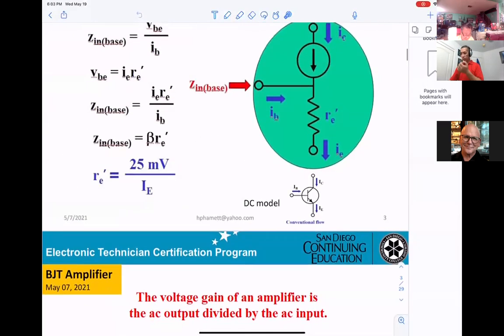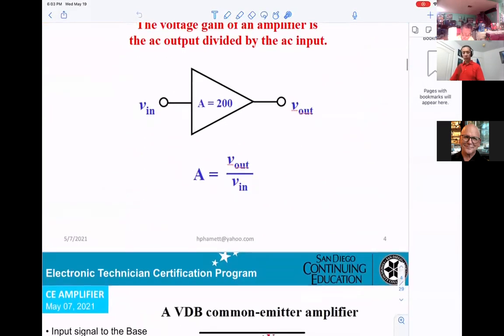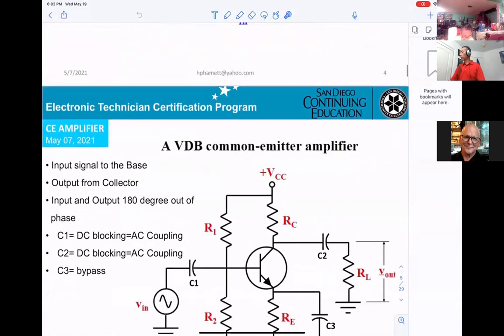And then in here, you understand the basic definition for the gain: just V out divided by V in.